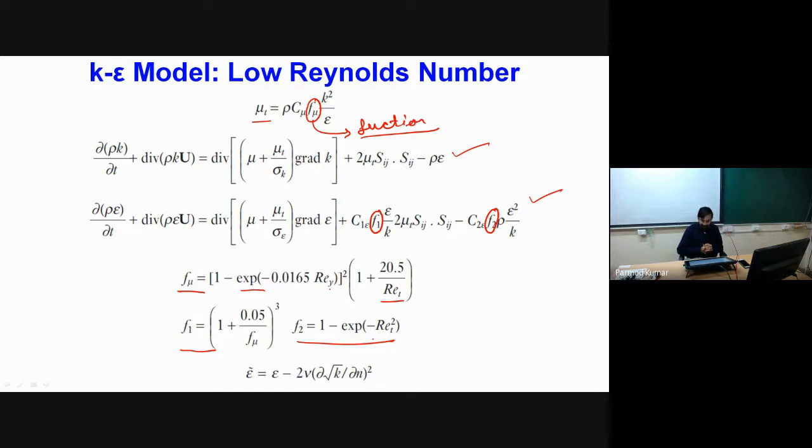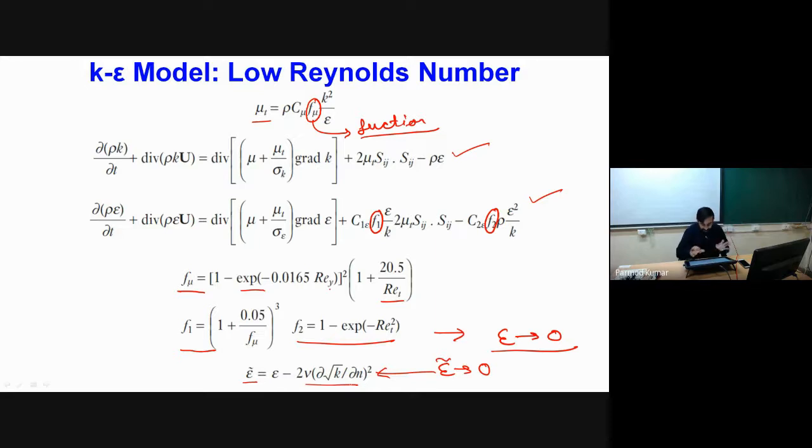Okay, so for that reason we are having these additional treatment, and moreover majority of the time though we define epsilon equal to 0 simply as the wall boundary condition, but sometimes we define this epsilon tilde as epsilon minus 2 mu del square root k by del eta square, where this epsilon tilde is actually taken as 0 and epsilon boundary condition is actually obtained from this particular formulation.